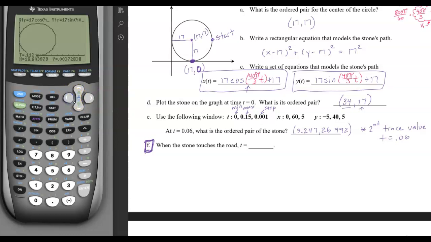So my t values are 0.112 and 0.113. So the time that my parametric touches the road, touches the x-axis, is right between 0.113 and 0.112, or in other words, 0.1125.